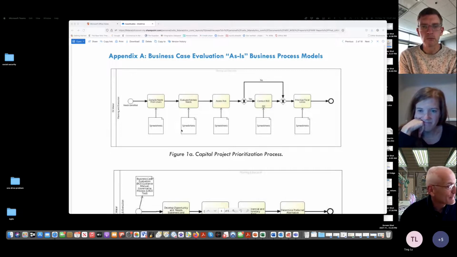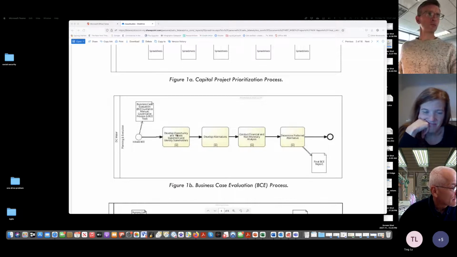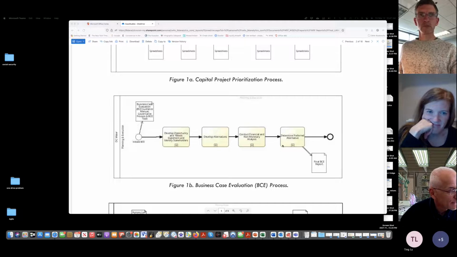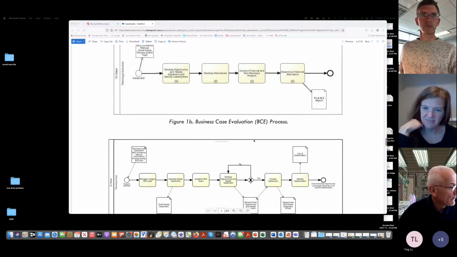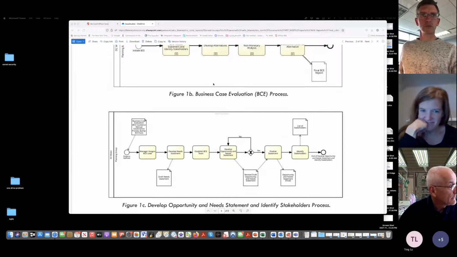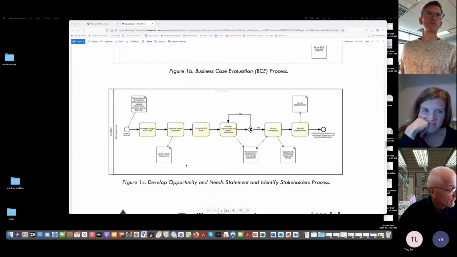And if you dig into this one, it's develop opportunity and need statements, identify stakeholders, develop, and then when you blow up this box right here, below, it looks like this.